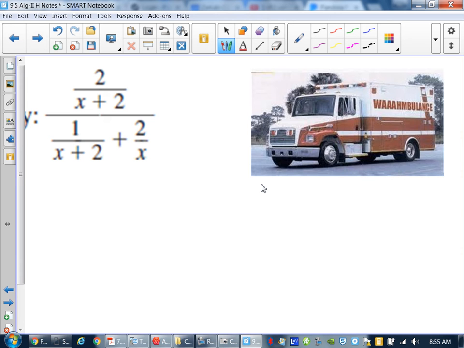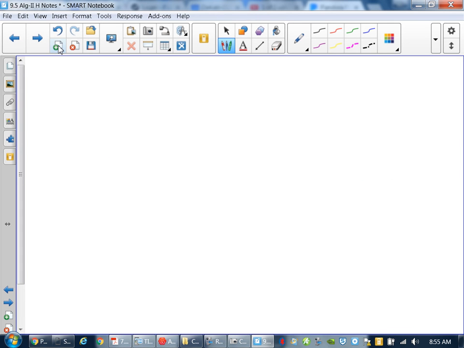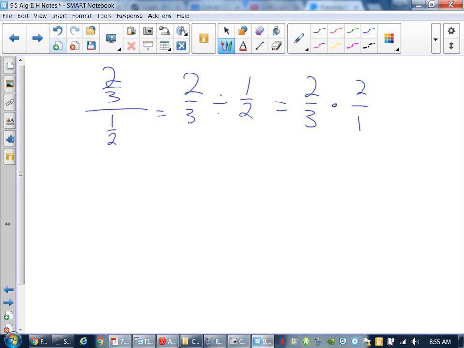If I took 2/3 divided by 1/2, that's also a complex fraction. It means the exact same thing as this, which in essence would be this. Okay? It's the exact same scenario.